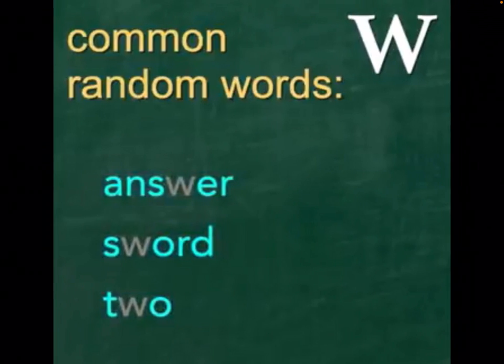And we also have some more random words with W. So W is silent, and these are some common ones that you just need to know, like answer, sword, and two, the letter 2, the number 2, I'm sorry. Again, answer, sword, and two. The W here is silent.